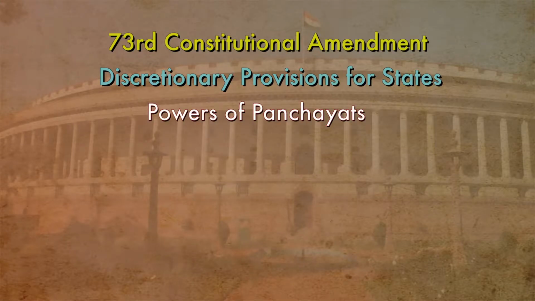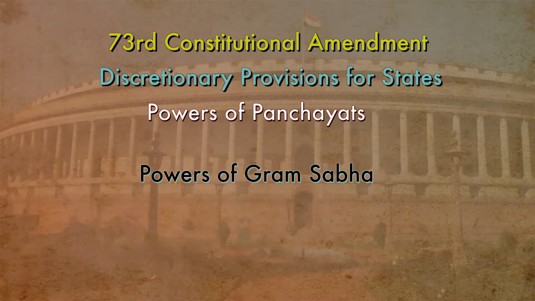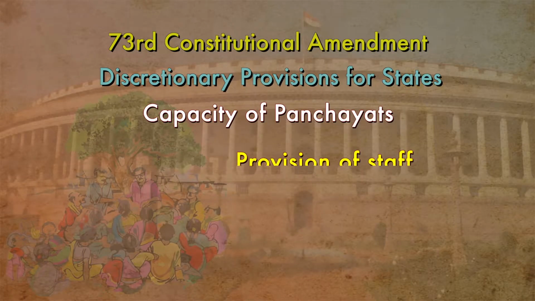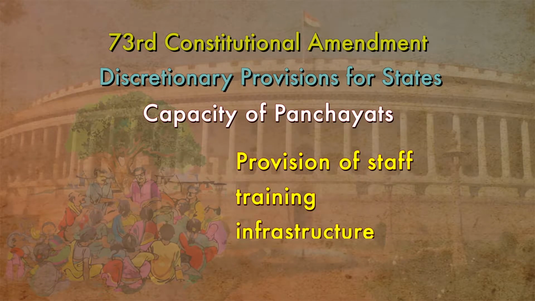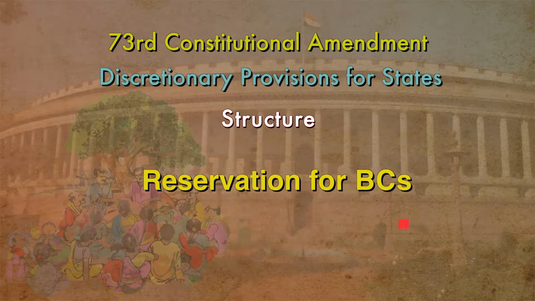Powers of panchayats: devolution of the 3 Fs, finance, functions and functionaries, to Panchayati Raj institutions in 29 subjects listed in Schedule 11. Powers of Gram Sabha. Capacity of panchayats: provision of staff, training, infrastructure to panchayats. Structure of panchayats: reservation for backward classes.